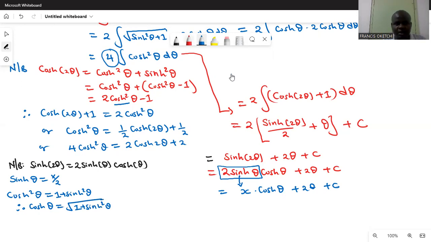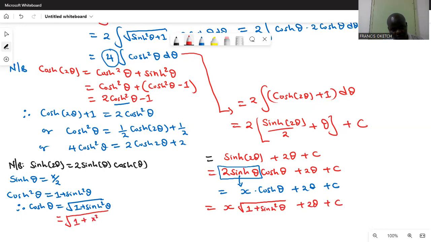So our answer can still be written as x times the square root of 1 plus sine hyperbolic squared theta, then plus 2 theta plus c. And I know sine hyperbolic theta to be x over 2. So even here I could have written this as the square root of 1 plus x over 2 squared, that is x squared over 4.